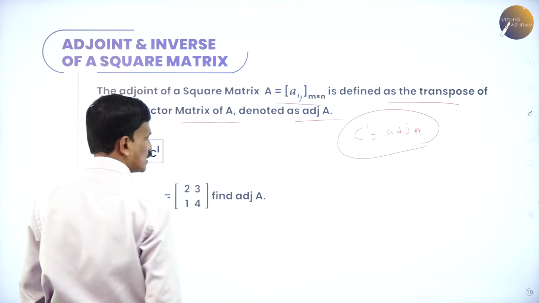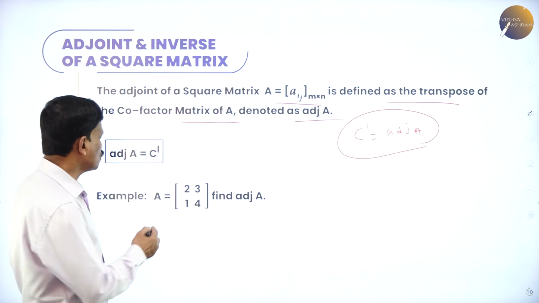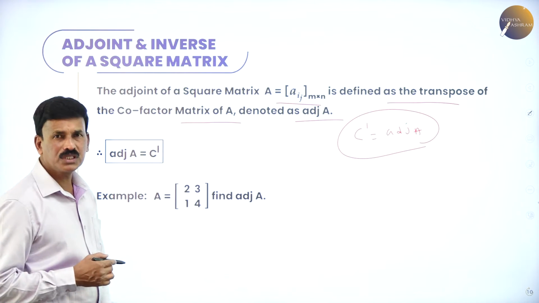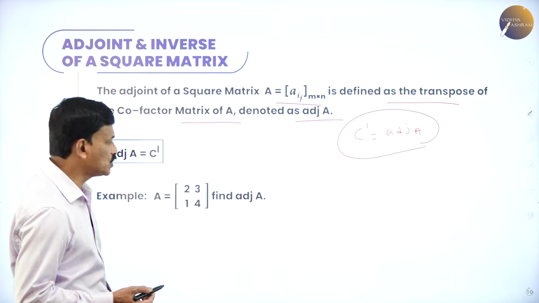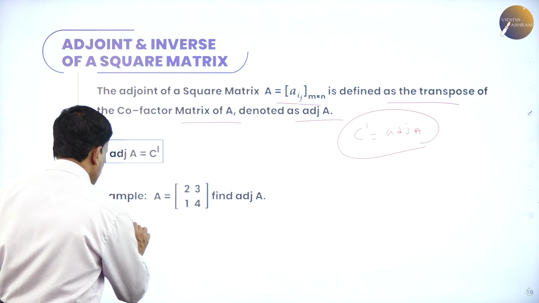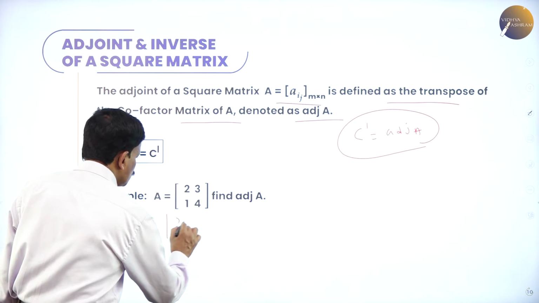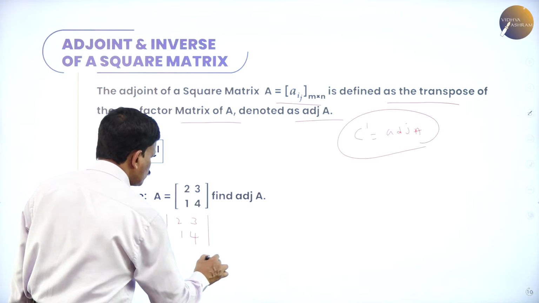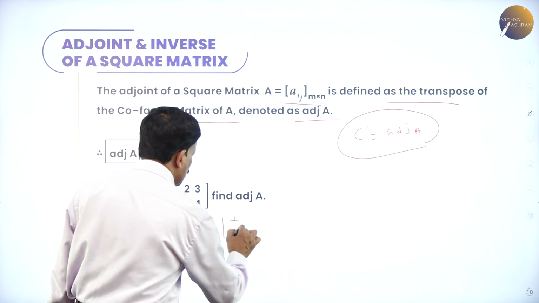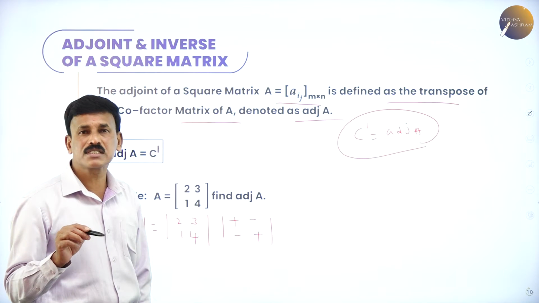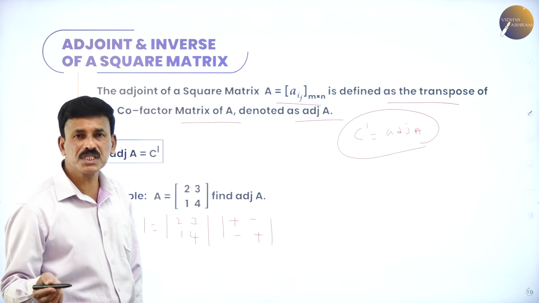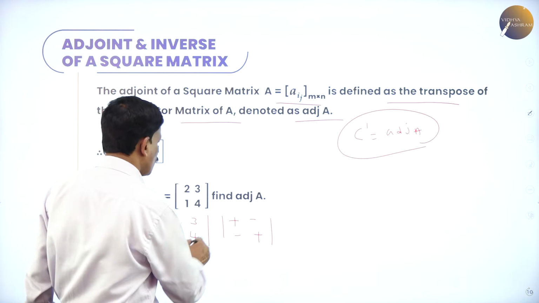Let us consider, for example, A = [2 3; 1 4]. This is the given matrix. Find the cofactor matrix, then the adjoint for this. So, the determinant of A is |2 3; 1 4|, and the signs for this are plus, minus, minus and plus. Let me explain how to find the cofactors of a 2 by 2 matrix, then 3 by 3.